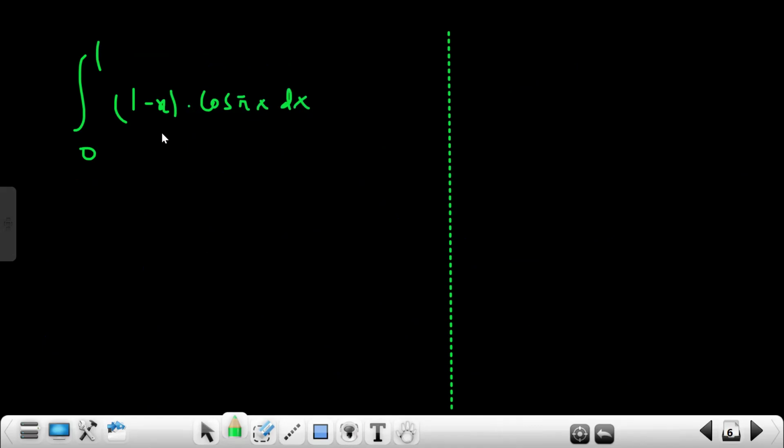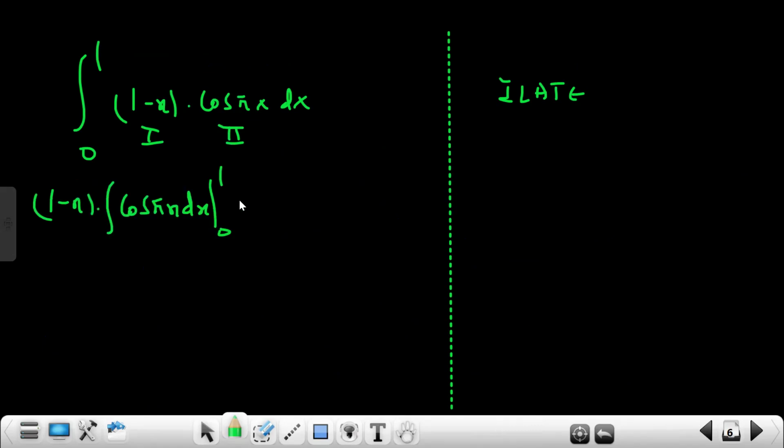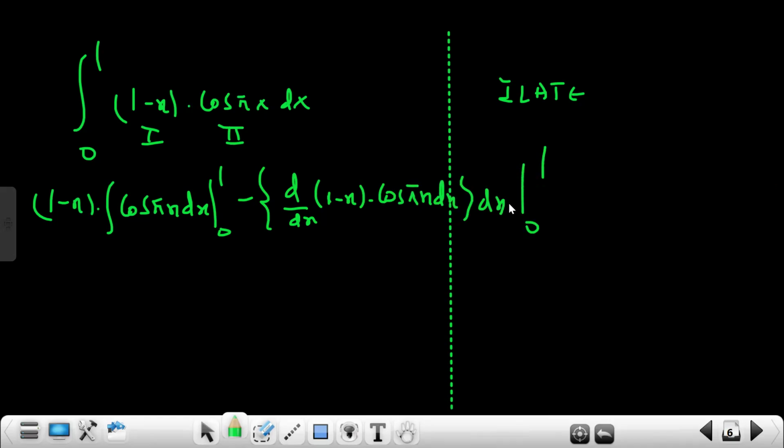Now integrate this using ILATE: inverse, logarithmic, algebraic, trigonometric, exponential. So this is your first function, this is your second function. So (1 minus x) times the integral of cos pi x dx from 0 to 1, minus the integral of d/dx of (1 minus x) times the integral of cos pi x dx, whole dx, from 0 to 1. I hope this is clear.